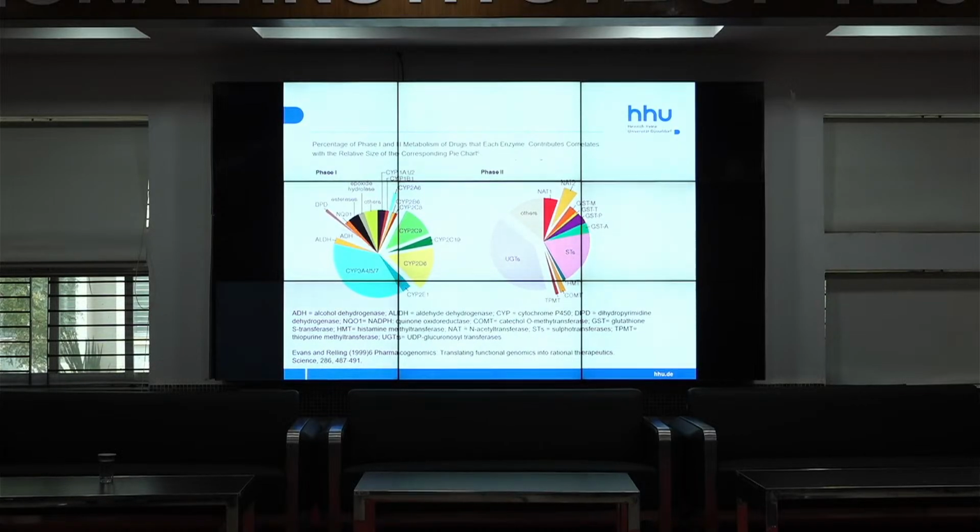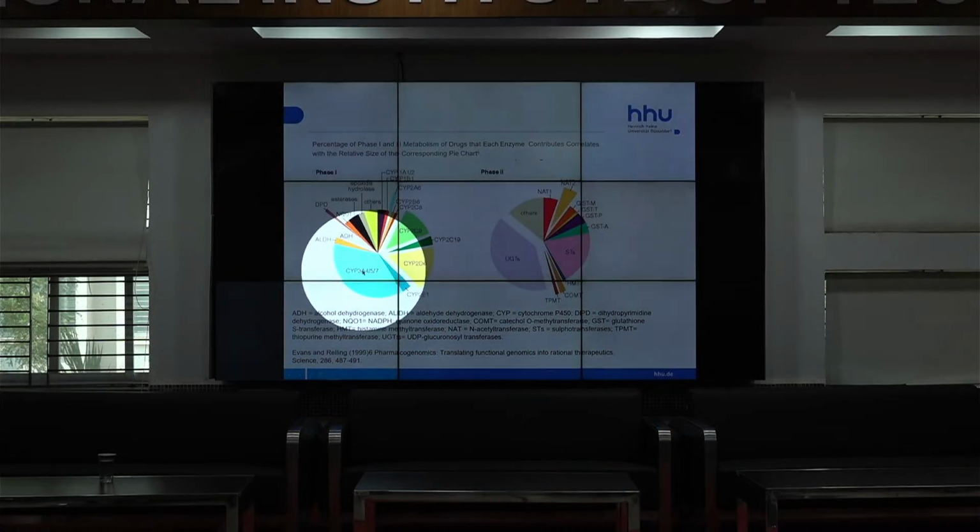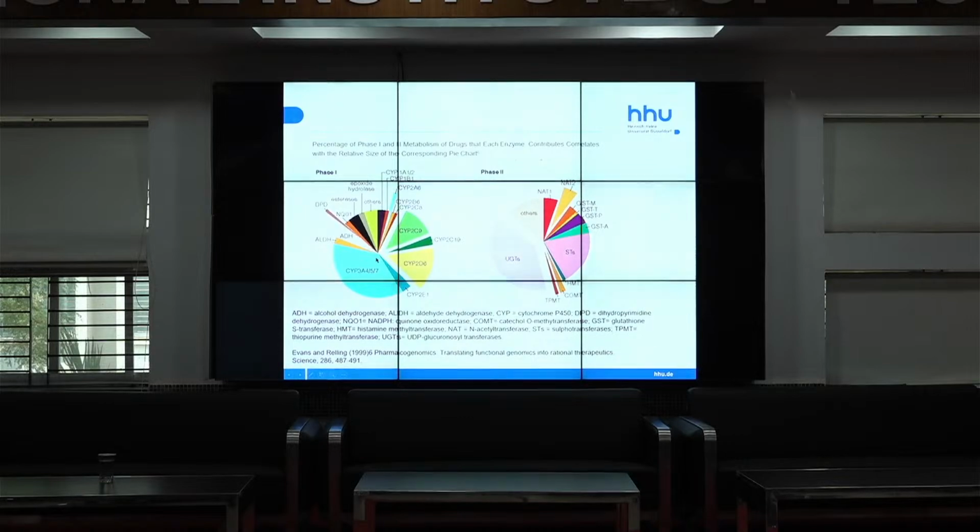And at the end, you can see that this is more or less like an autobahn. You have different pathways, and the cytochrome 3A4, for example, is a very big autobahn where many compounds are going through, because of the high importance of these drugs.